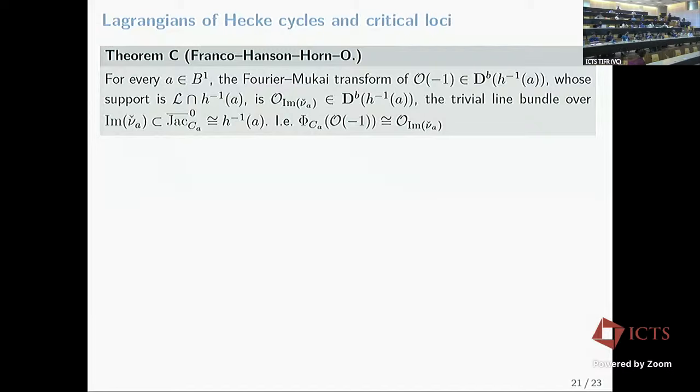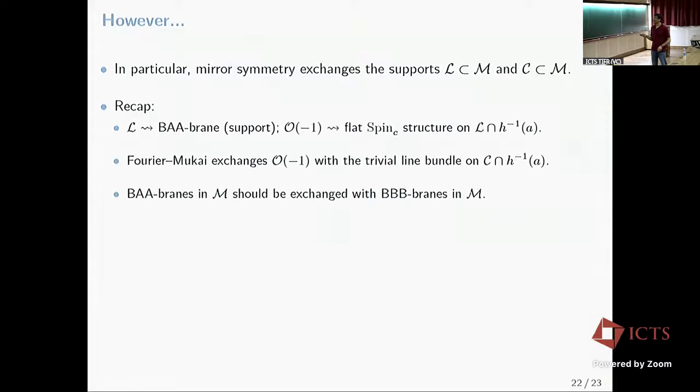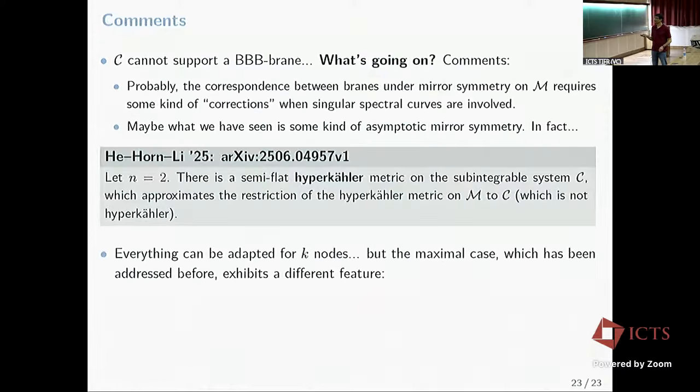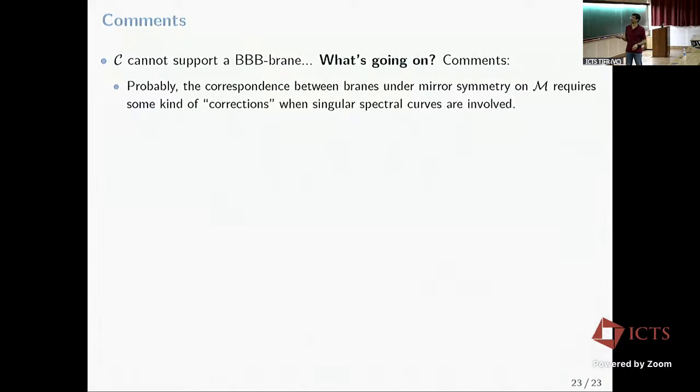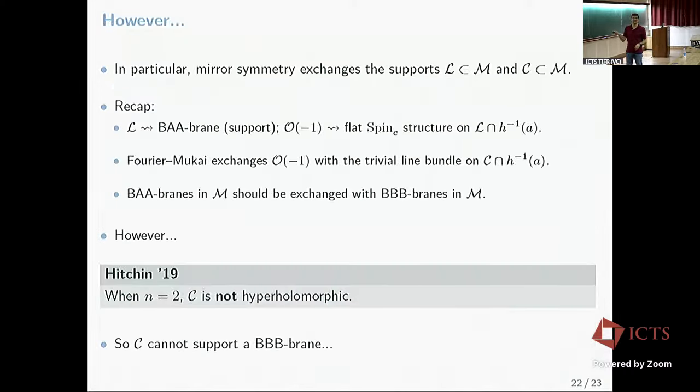What is it about having more than one node that makes it hyperholomorphic? I don't think it does. I would guess, so Nigel proved that for one node, this is not hyperholomorphic. I would guess that for 2 nodes, 3, etc., it's still not hyperholomorphic.